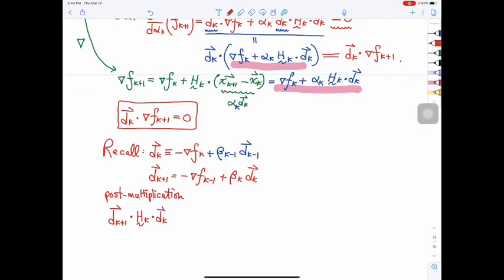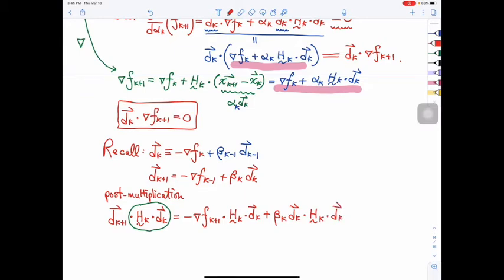So this is the operation, the post multiplication that we did. And we do the same thing on every term.